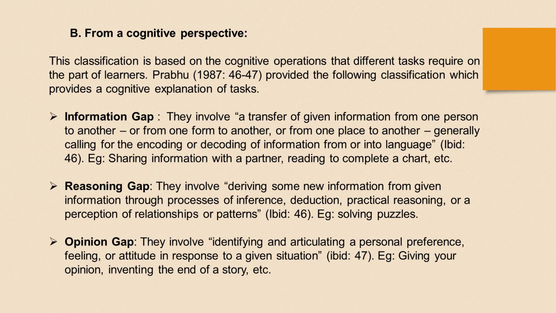It is important to note that the outcome of these tasks will be convergent in some cases and divergent in others. What we mean to say is that, for example, in information gap tasks, all students are likely to reach the same answers, whereas in an opinion gap task, everyone will reach a different outcome.